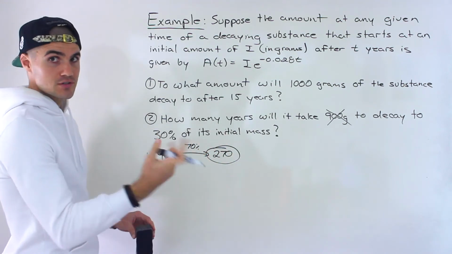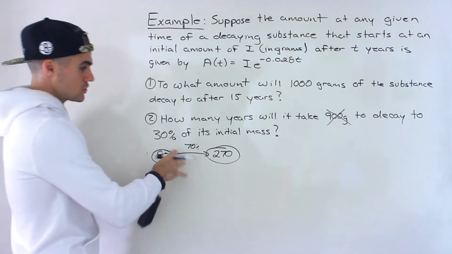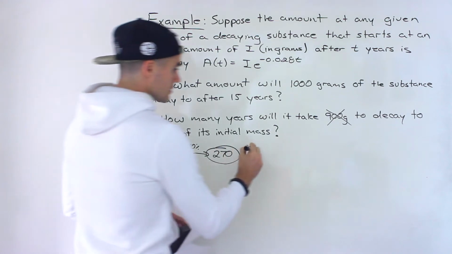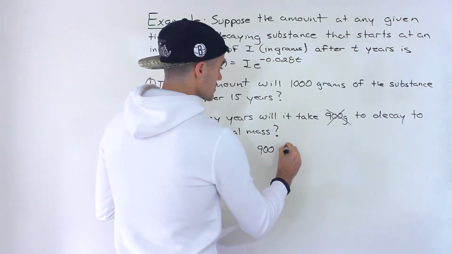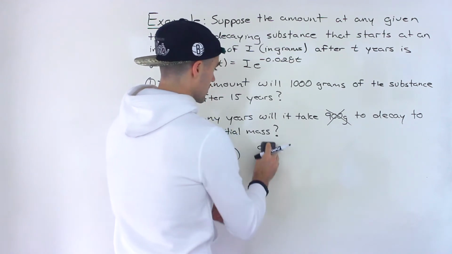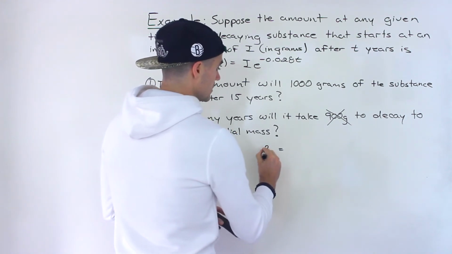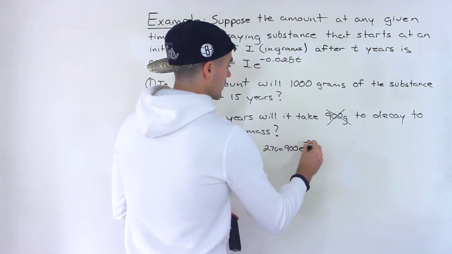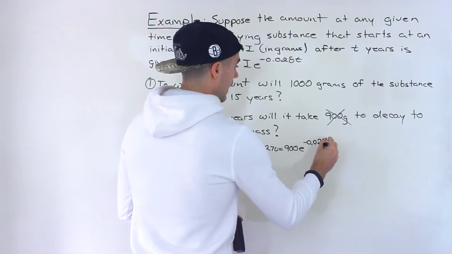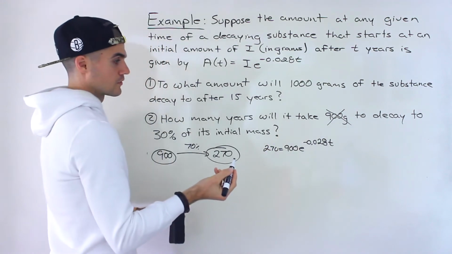The final answer is going to be the same. But initially I'm going to use these two values. So we'll have 900 equals, the final amount is 270, the initial amount is 900. And then we're going to be solving for that t.